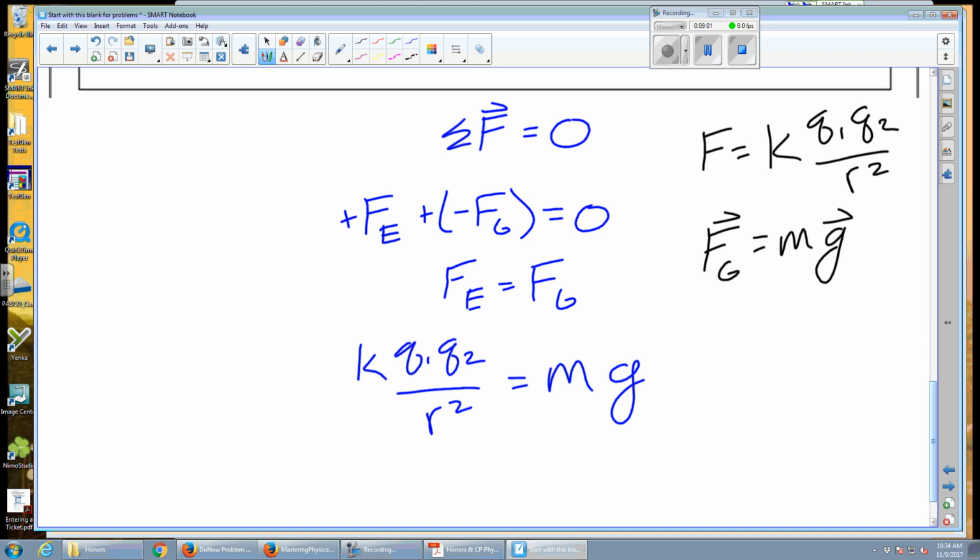From our equation sheet, it says the gravitational force on something, commonly called the weight, is its mass times the gravitational field strength. So why is that? Well, because we were told that the electron's in equilibrium, which means all the forces add up to 0.